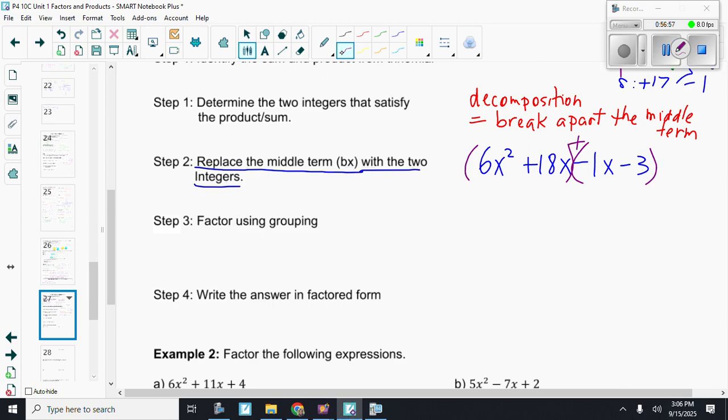Don't forget, just because I included that minus sign, I'm still just putting them in 2 separate groups. How do we do grouping? We're going to take out a GCF. We're looking at 6x squared and 18x. I can take out a 6x from both of these terms. I've got a negative 1x and a negative 3.